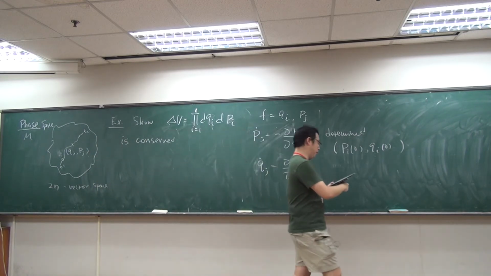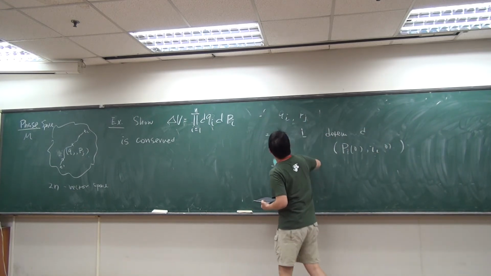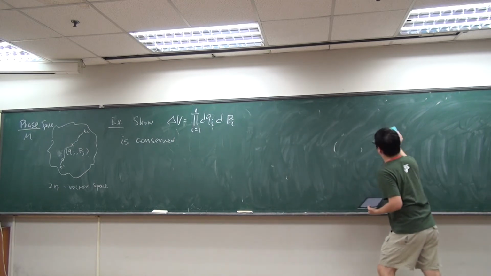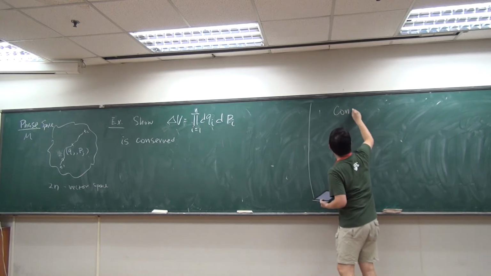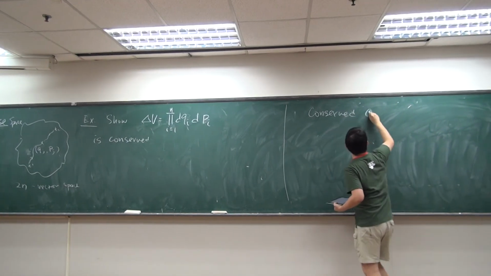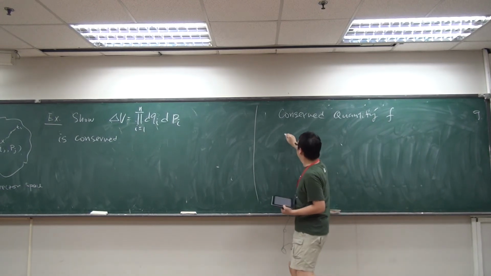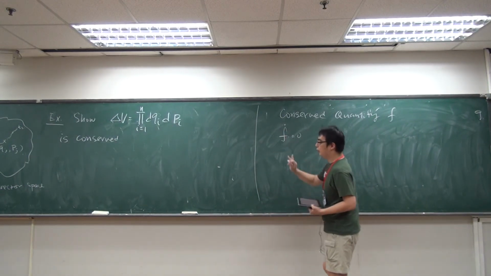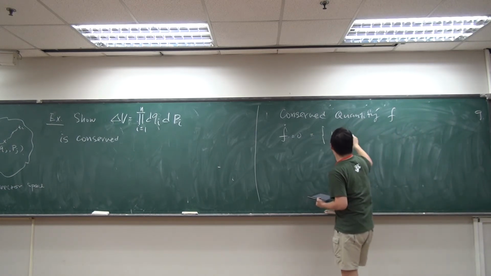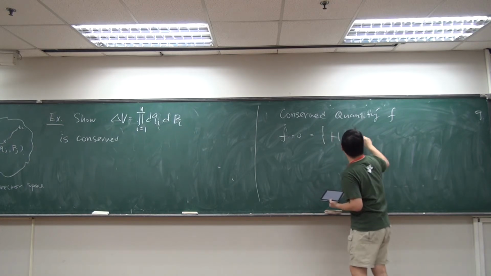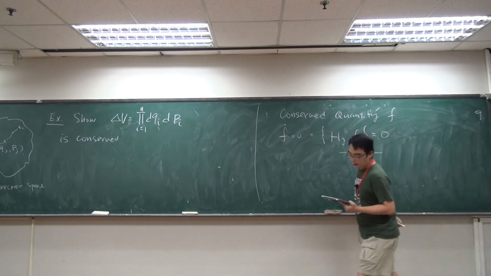Oh, I should define, sorry, the conserved quantity. In case you don't know, a conserved quantity F is simply given by the fact that F dot equals 0, which implies, by the time evolution equation we wrote down just now, that the Poisson bracket of H with F equals 0. Okay?